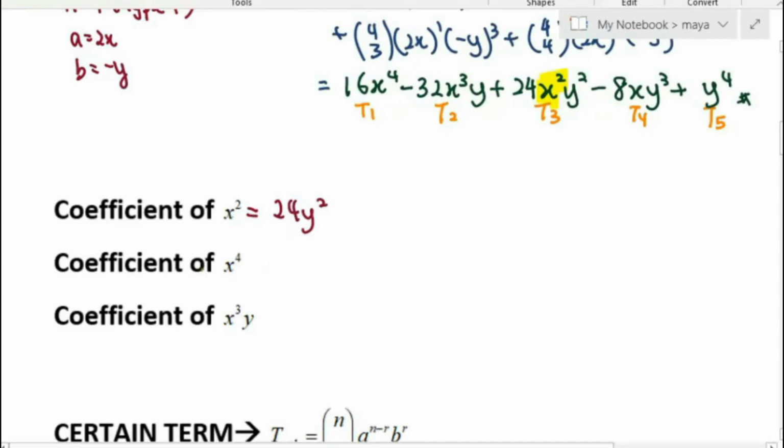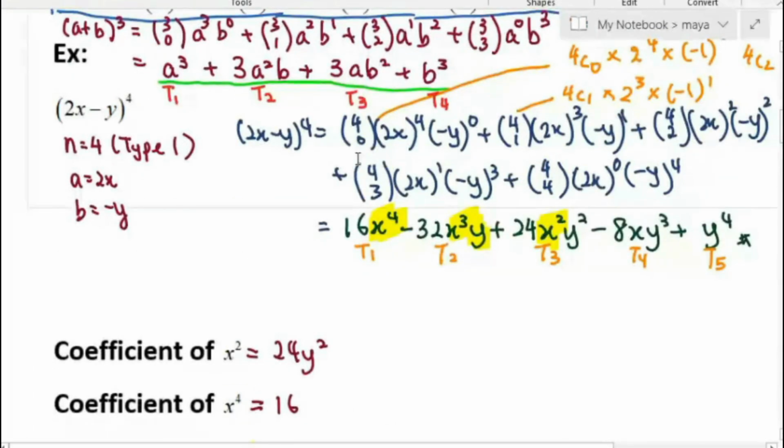For the coefficient of x power 4, what is x power 4? Here is my x power 4. So the coefficient is 16. So what is the coefficient of x cubed y? Then you have to find x cubed y, it is here. So the coefficient will be equal to negative 32.